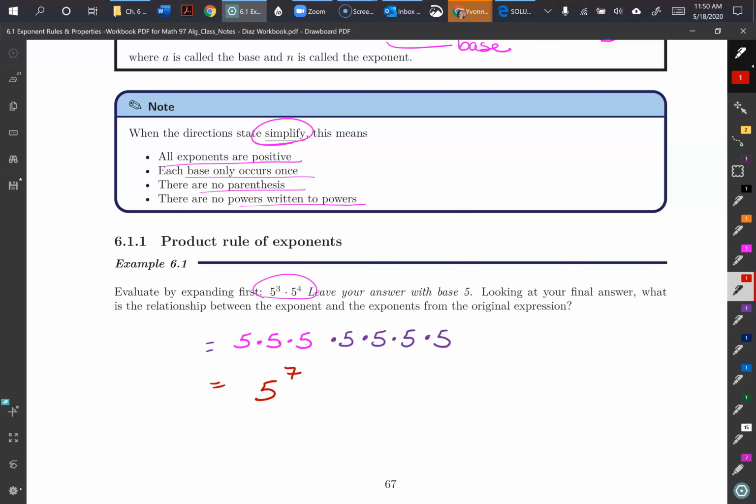So we can develop a rule. What happened was we did our 5 to the 3rd times 5 to the 4th equals 5 to the 7th.